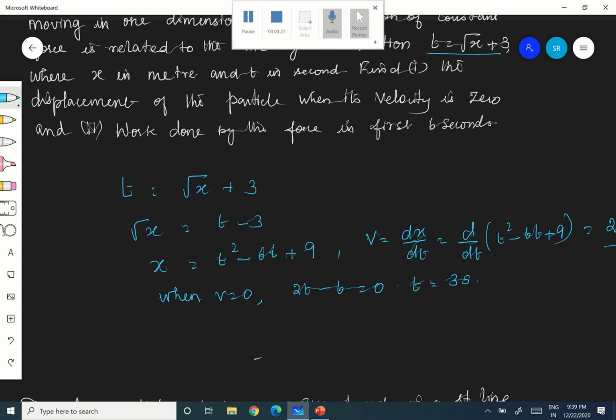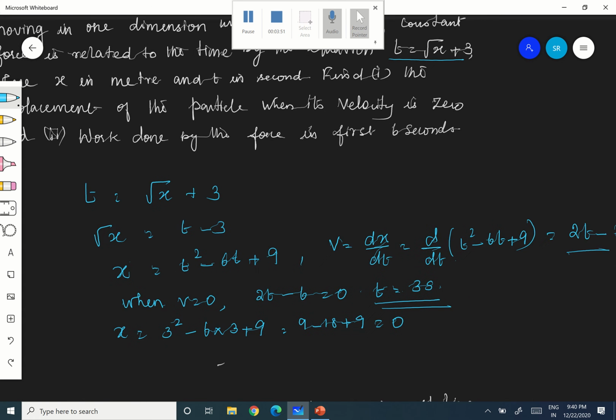In the displacement equation x = t² - 6t + 9, substitute t = 3. We get 3² - 6 × 3 + 9, which is 9 - 18 + 9 = 0. So when the velocity is 0, at t = 3 seconds, the displacement is also equal to 0.